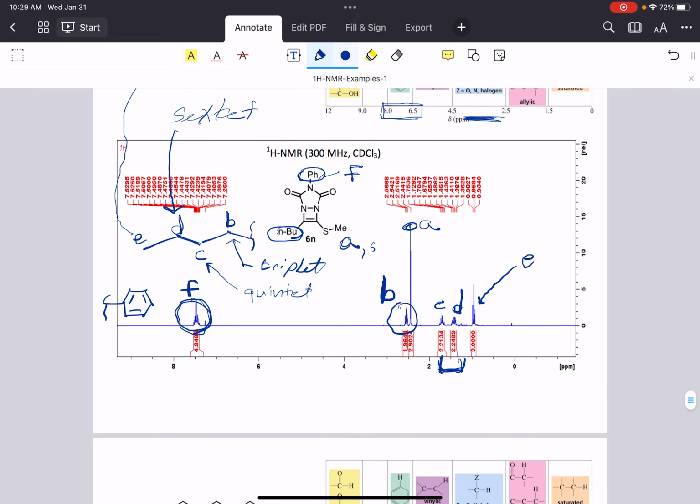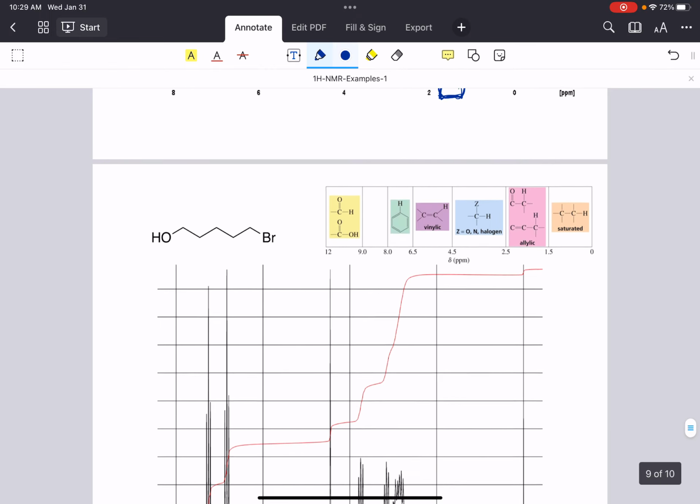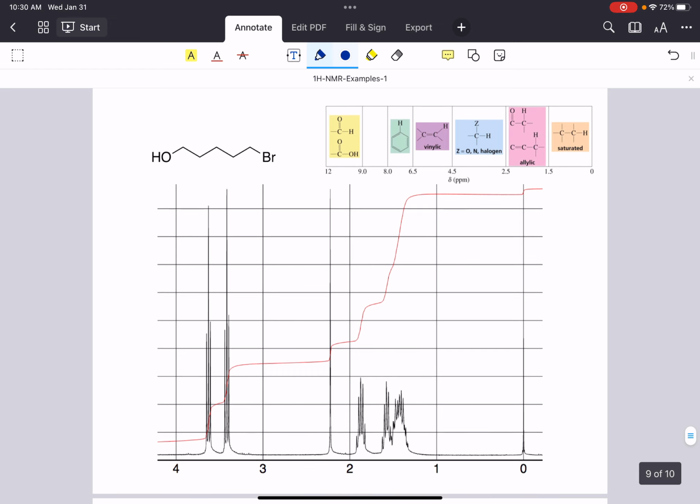All right. Next example is going to be this linear alcohol with a bromine attached to it. And so this one, I think, on some level is a little bit easier than some of the ones we've looked at previously. So let's look at the signals that we would expect in this case. The first one is the hydrogen directly attached to the alcohol.